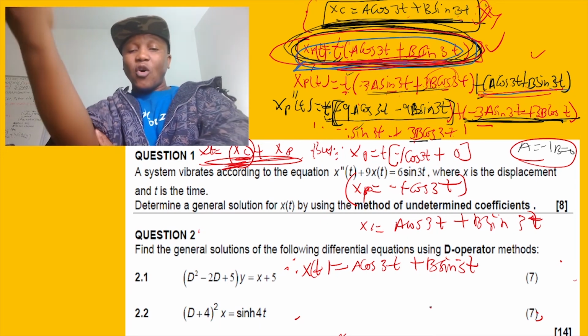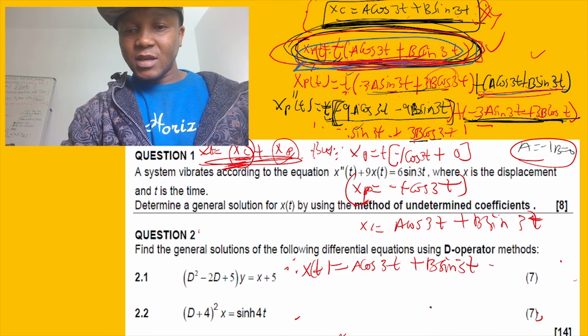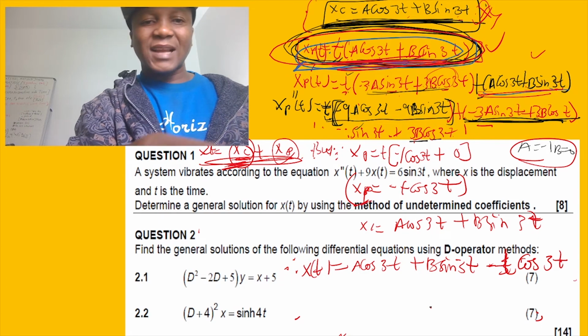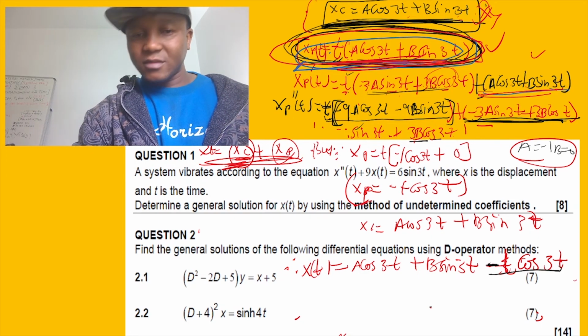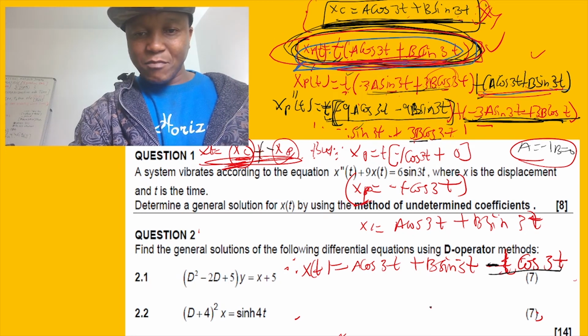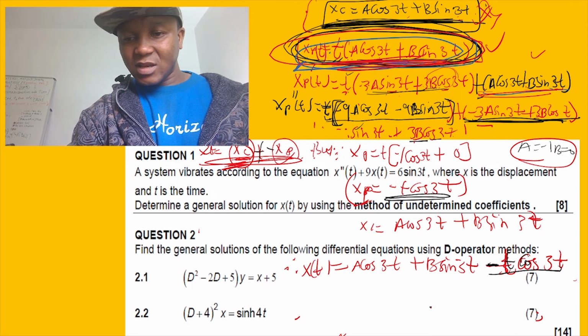Now let's add the particular solution, because we must add it. It's going to be negative t cos 3t. So let's put the like terms together. These are the cos terms, and this one is negative, so it's minus t cos 3t.